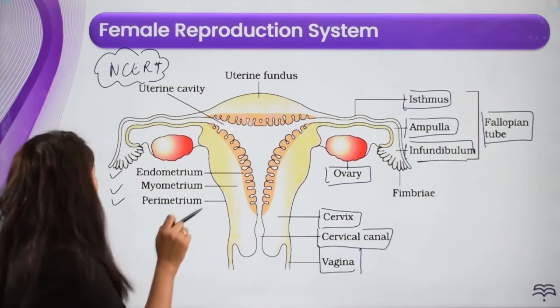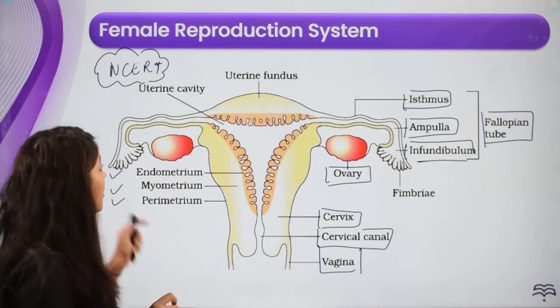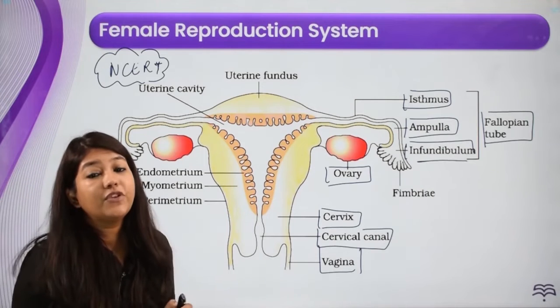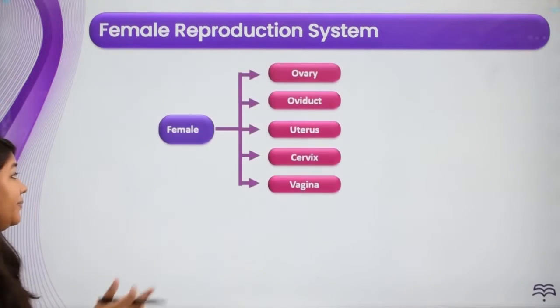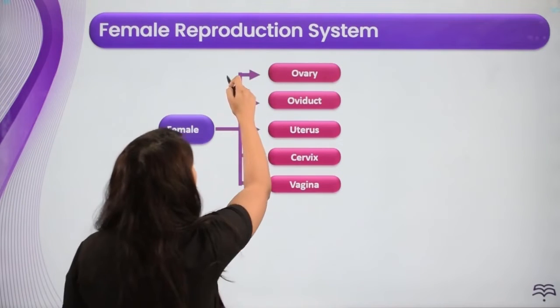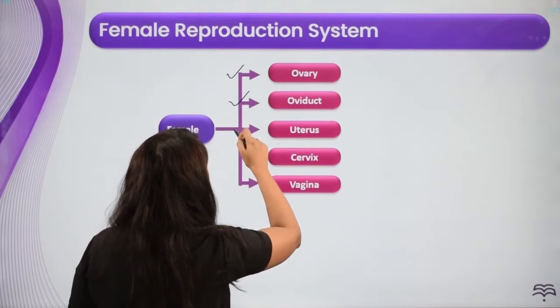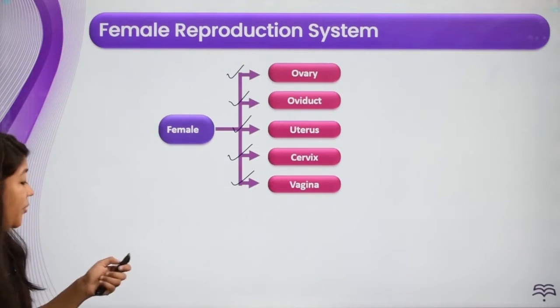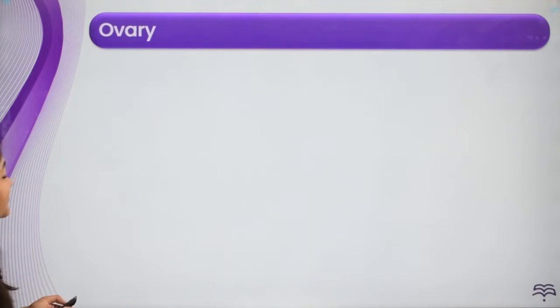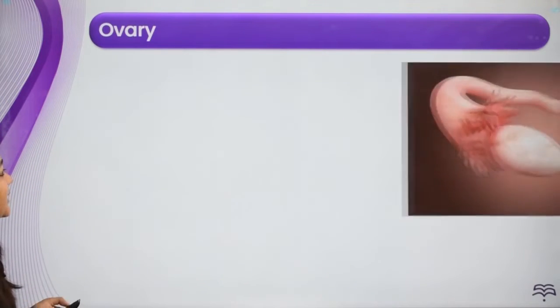All these are the parts which we are going to focus on. Again, I am repeating, the NCERT diagram is very, very important. Okay, let's move ahead. In the female reproductive system, ovaries are there, oviduct is there, uterus is there, cervix is there, and vagina is there. Important part.